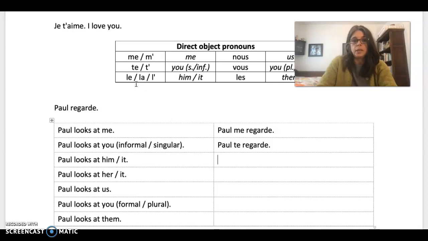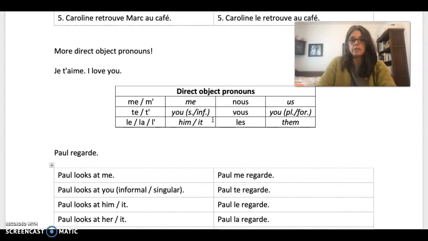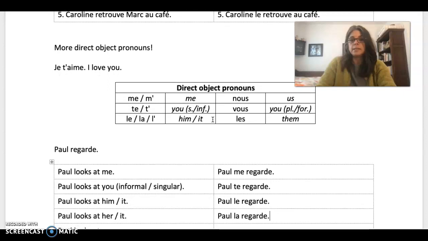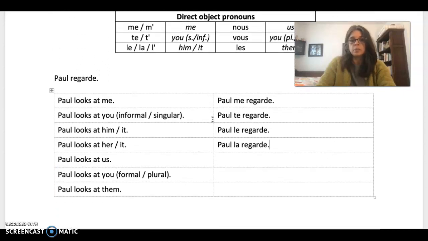And we know that him and it is le. So Paul le regarde. Paul looks at her, or Paul looks at it. If it's a feminine thing, we know that that's la. So Paul la regarde. Paul looks at us. Us is nous, just like the subject pronoun. So we'd say Paul nous regarde.